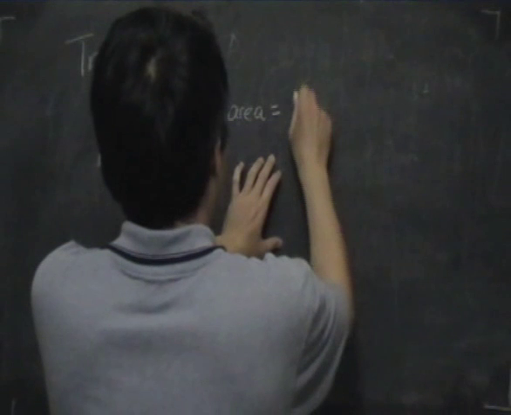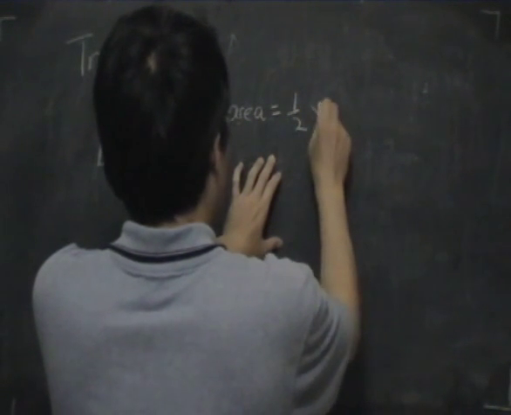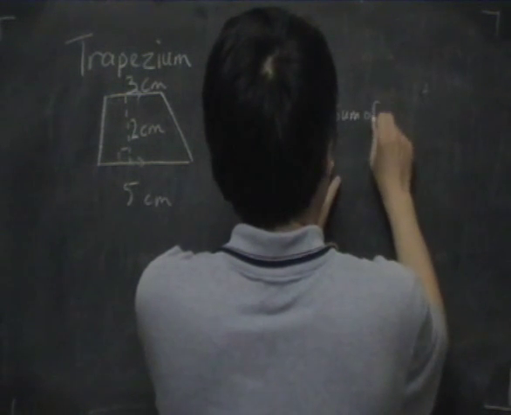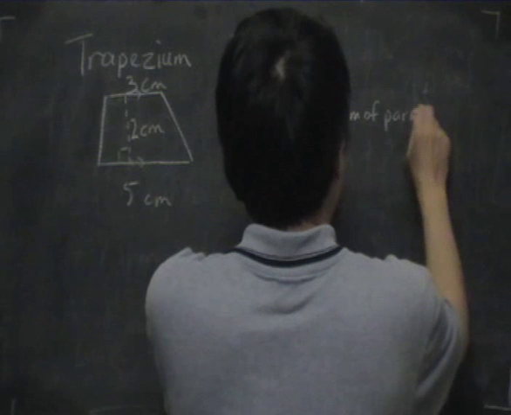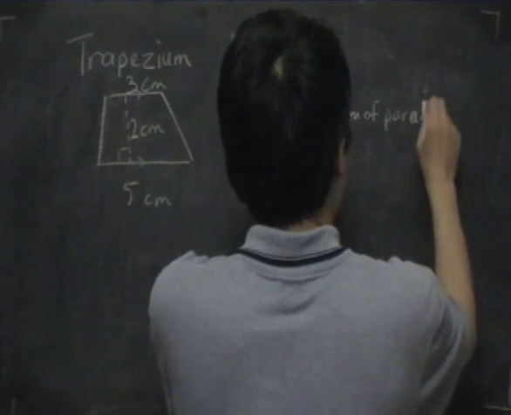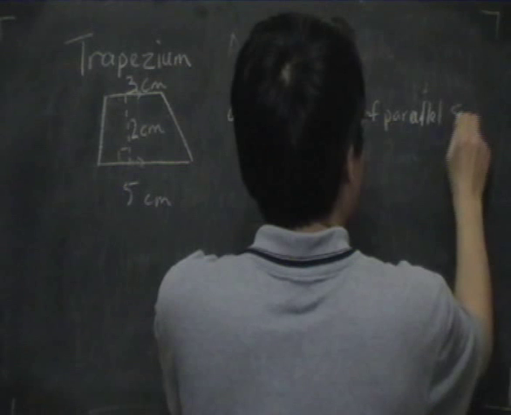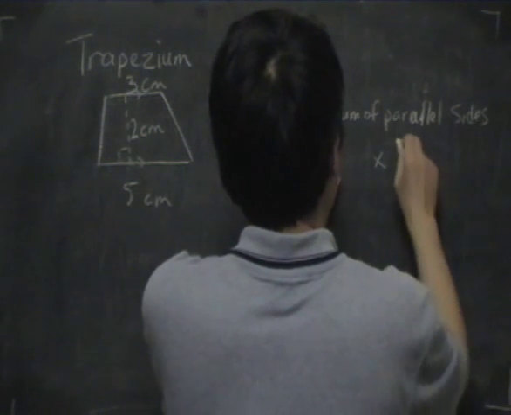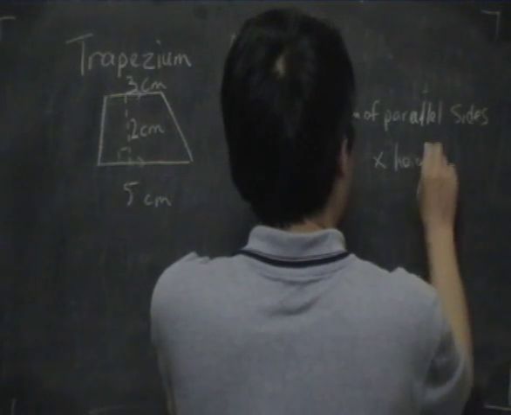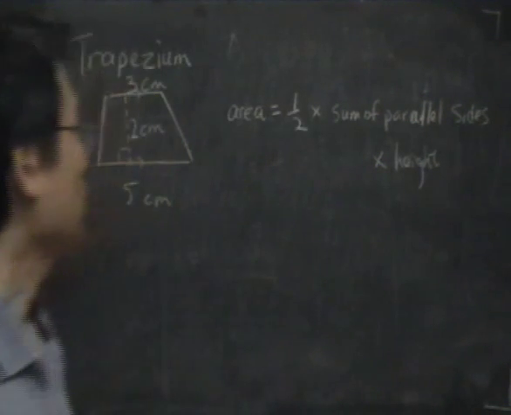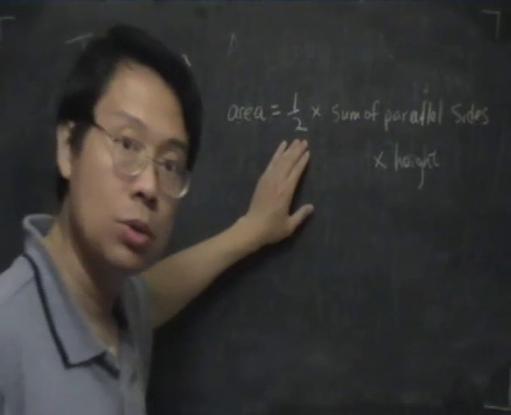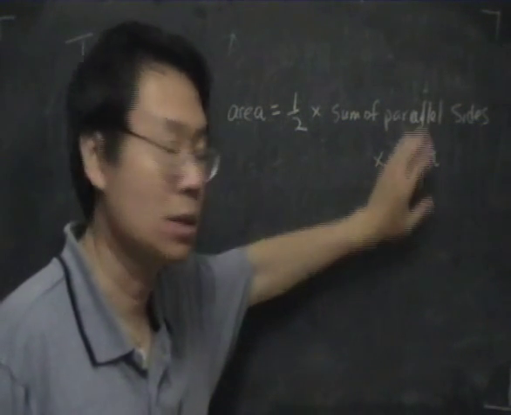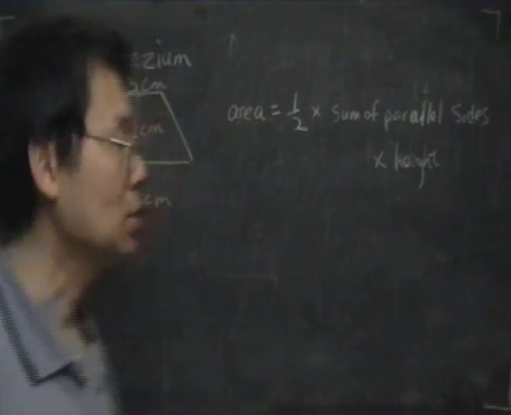Area is equal to half times the sum of parallel sides times the height.